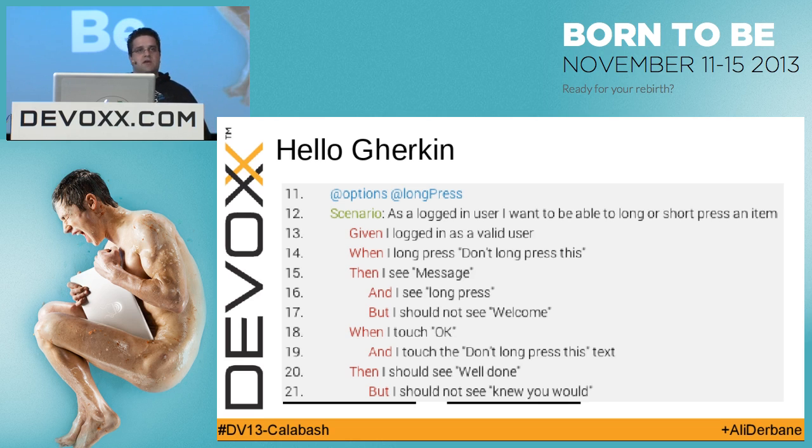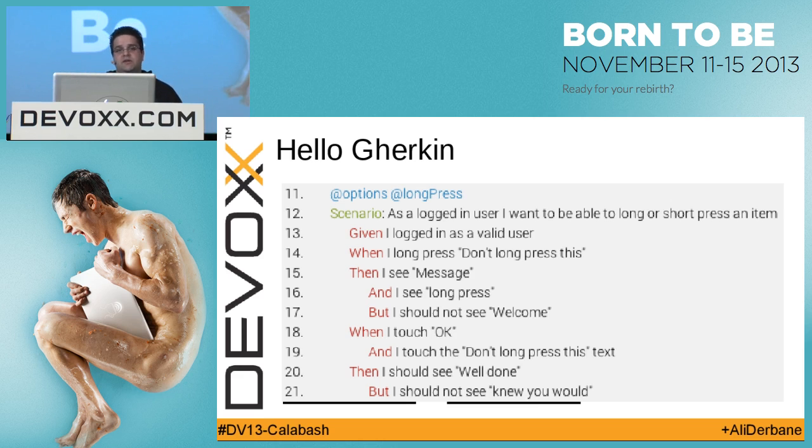The when is an action, so we are going to long press something, and the then is actually when we try and read or see what happened to the action that was performed in the state that the feature was in.